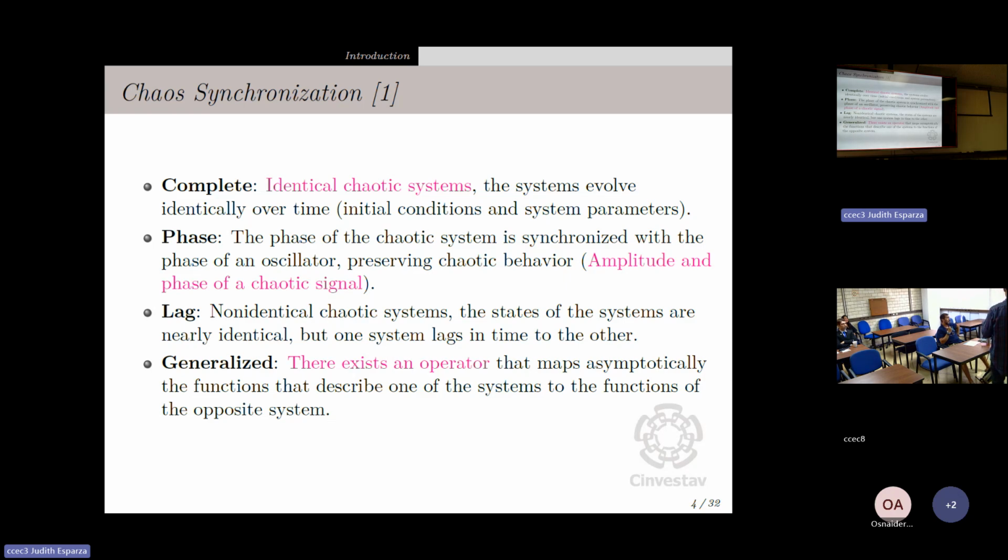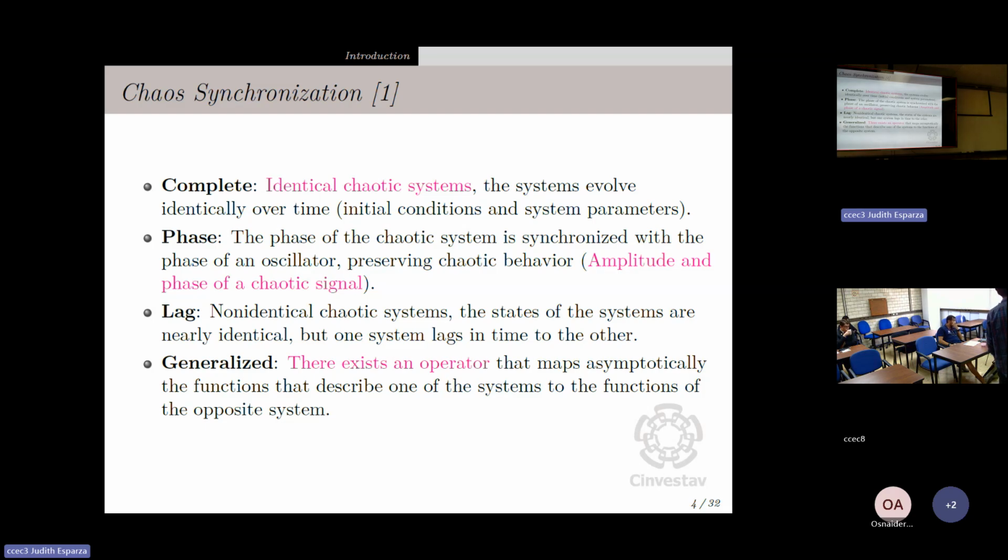We can identify four types of chaos synchronization. The first type is complete synchronization of identical chaotic systems. We try to synchronize all the functions, but the systems are identical. The second is phase synchronization, where we try to synchronize the phase of a chaotic system with another signal, usually a periodic signal.